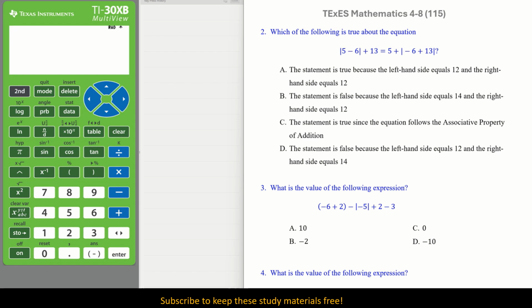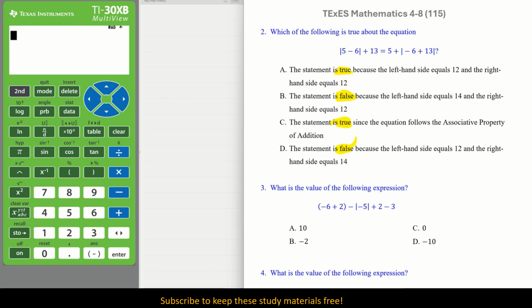If we look at our A, B, C, D options, we will see that A says it's true, B says the statement is false, C says true, and D says false. This tells me right away, before I even thoroughly read the options, that I need to see if this statement is actually true or not. Okay?